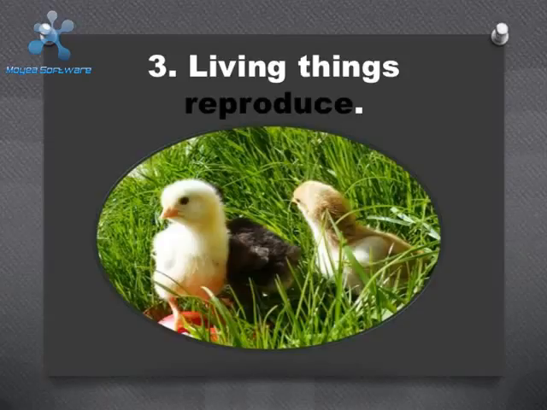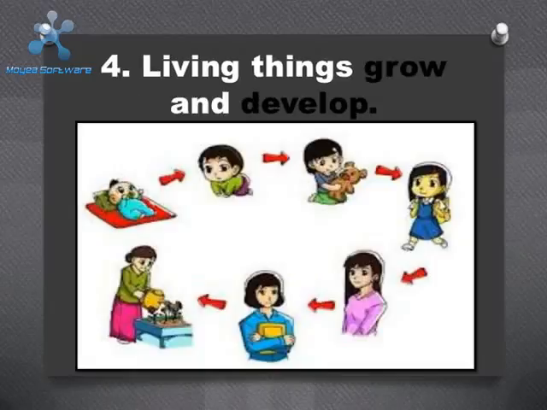This is a very important characteristic of living things. Have you seen any sofa give birth to a baby sofa? No. Any water bottle give birth to a baby bottle? No. It's not possible for non-living things. This is not a characteristic of non-living things.